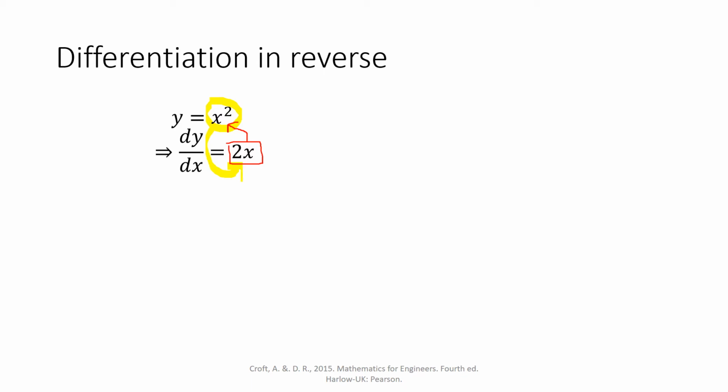So this means reverse. How to reach this x square again? How to get this value again? Well, we call this, 2x's reverse, the integration, and x square is the integration of 2x.